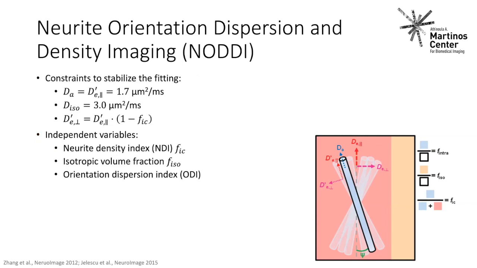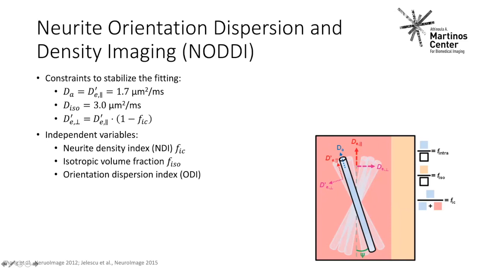Because there are so many variables in this model, we need to apply some constraints. For example, the axial diffusivity for intra- and extra-axonal space is about 1.7. The diffusivity in CSF is 3, and we need to relate the diffusivity of extracellular space along and transverse to axons.